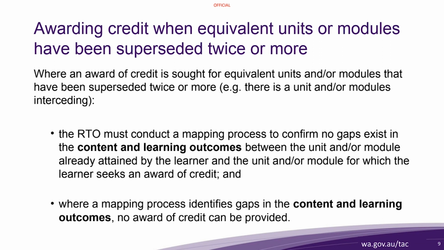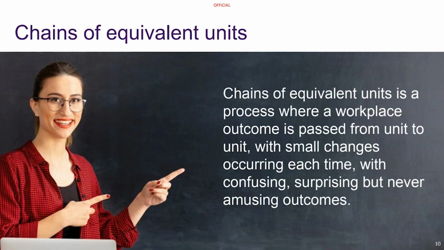Where the mapping process identifies gaps in the content and learning outcomes, no award of credit can be provided. So what we're saying here is you can't be confident that when something has been superseded twice or more, the changes are still minor, as they may now be significant, and therefore you can't be confident that credit can be automatically awarded. So what we're looking at there is chains of equivalent units.